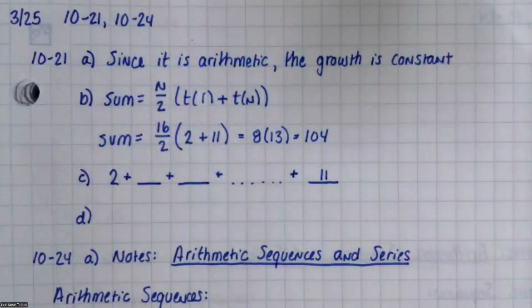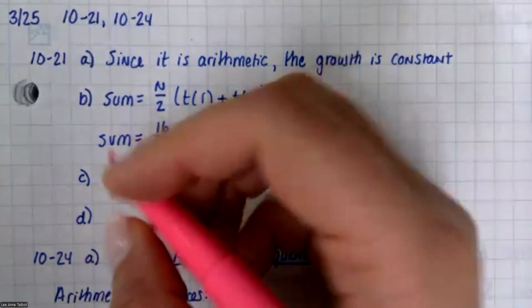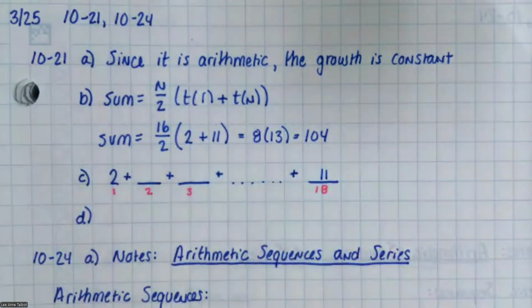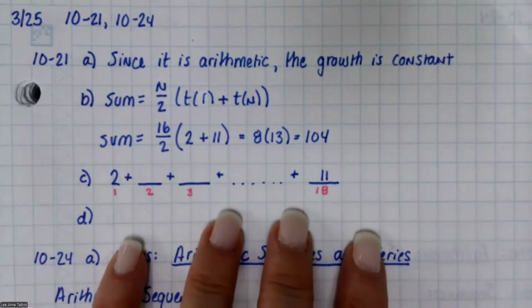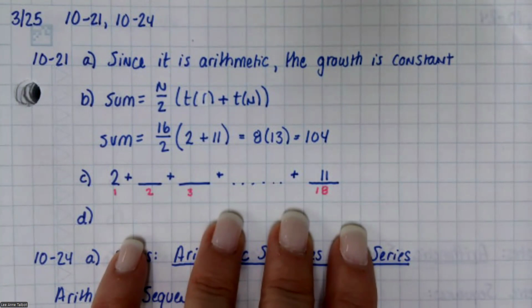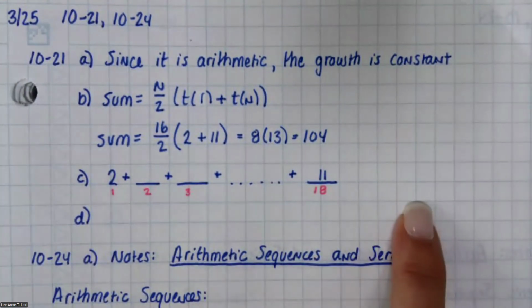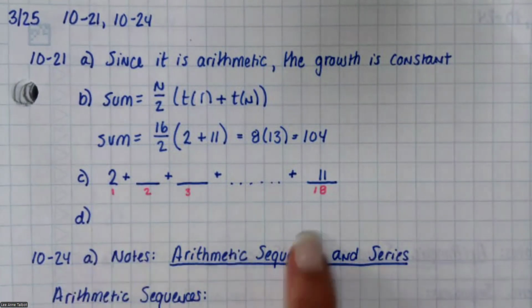And we know this is spot 1, spot 2, spot 3, and this is spot 18. Does that make sense? We good? Okay, so what I'm going to do over here is figure out how to get the growth.